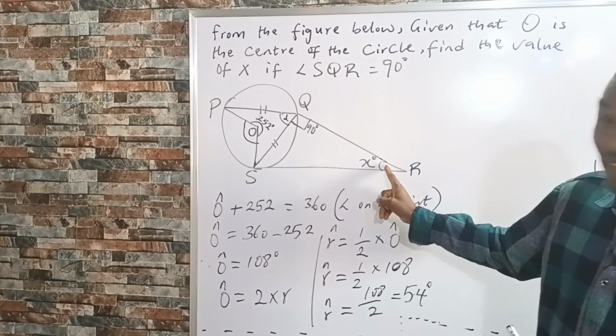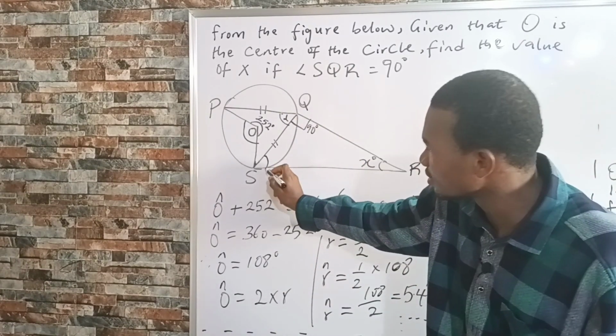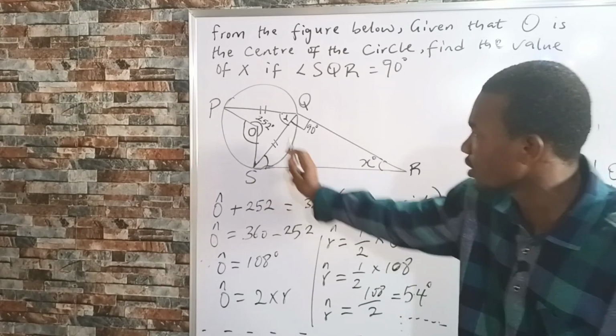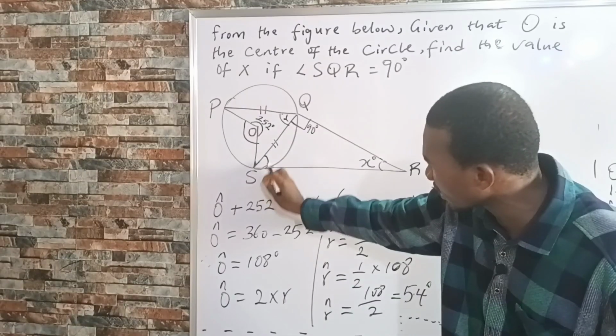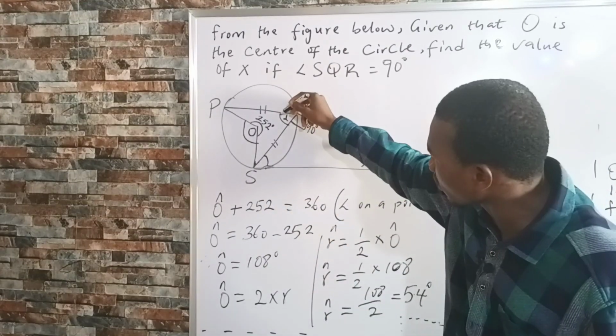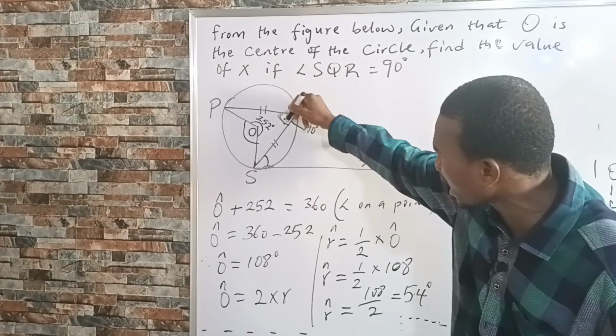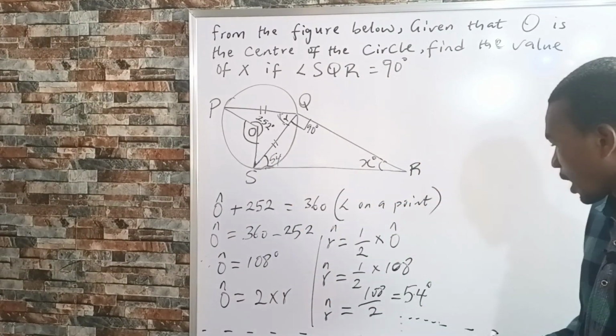But we are concerned with finding angle x. Don't forget that the angle r here automatically has a z angle here. Look at the structure, a z angle, which means that this angle r here is alternate to this angle here. And don't forget that alternate angles are equal, okay? That simply means if this r is 54, this angle here should also be 54. And what is the reason?